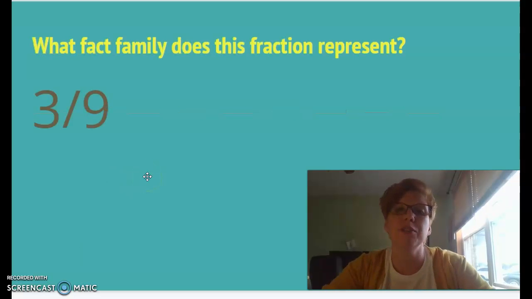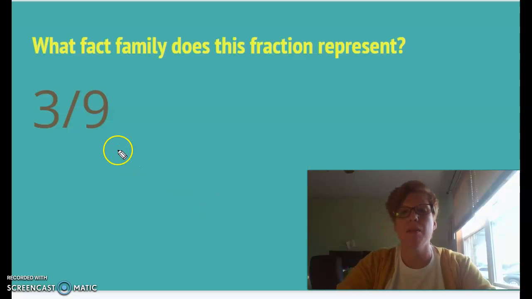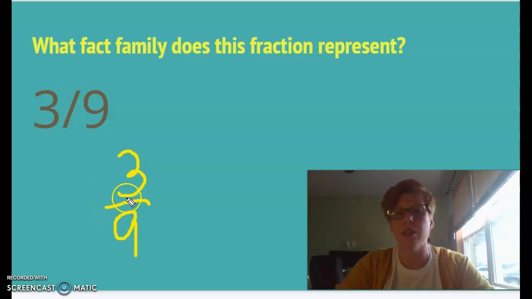Okay, what fraction fact family does 3/9 represent? Ask yourself, how many times does 3 go into 9? Okay, let me rewrite this a little bit more familiar. You might be used to seeing it this way. Same fraction, just written a different way.